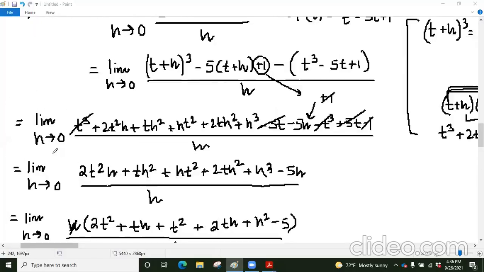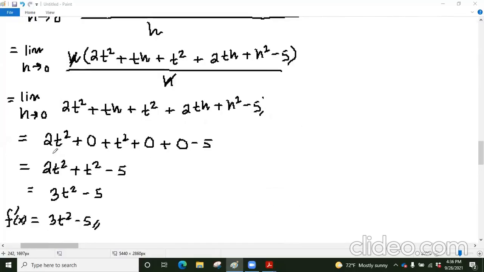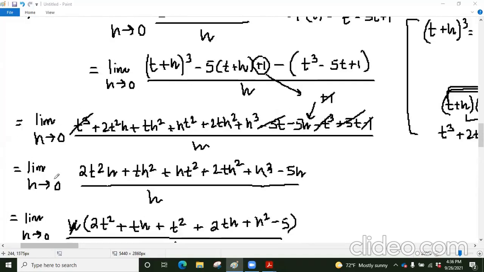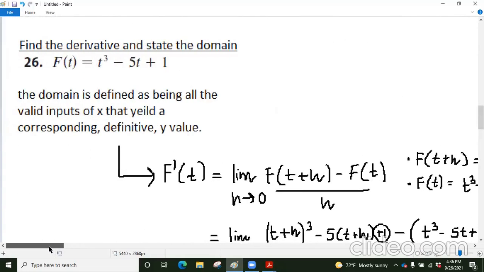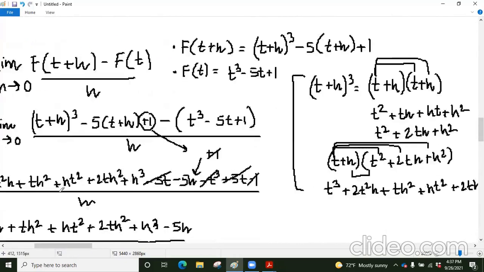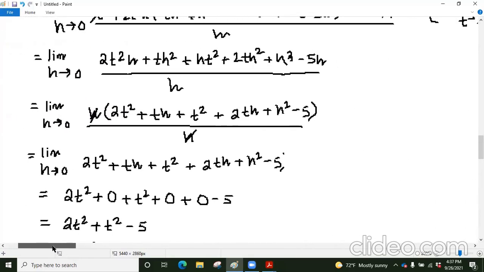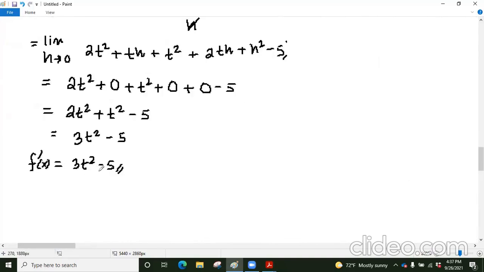But this isn't actually where the question ends, because you want to state the domain. If you remember, the question said state the domain of the function. So now that you have f prime, which is 3t squared minus 5, you want to state the domain.